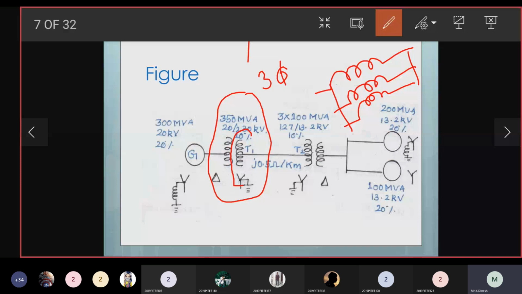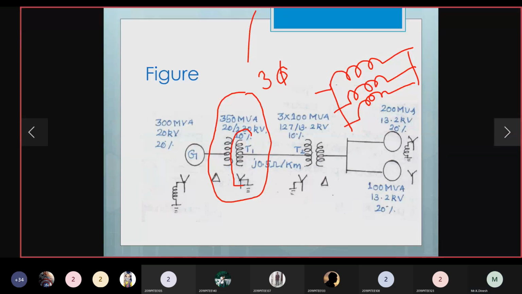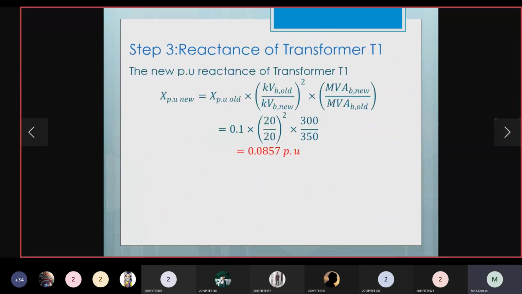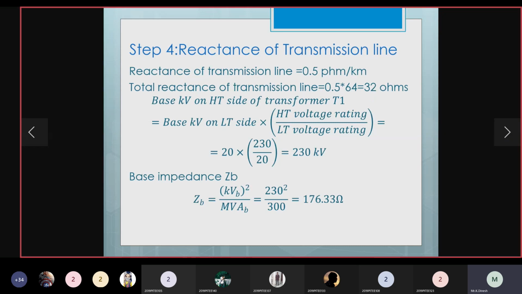Here the transformer secondary is the high tension side. So kVB on the HT section formula we have to utilize. So kVB on the HT side of transformer T1. So the formula is kVB on LT side into HT voltage rating by LT voltage rating. So on the LT side you have 20, HT side is 230, and LT voltage rating is 220. So 20 gets cancelled. You have 230 kV. So hereafter your kVB new is 230. Clear.